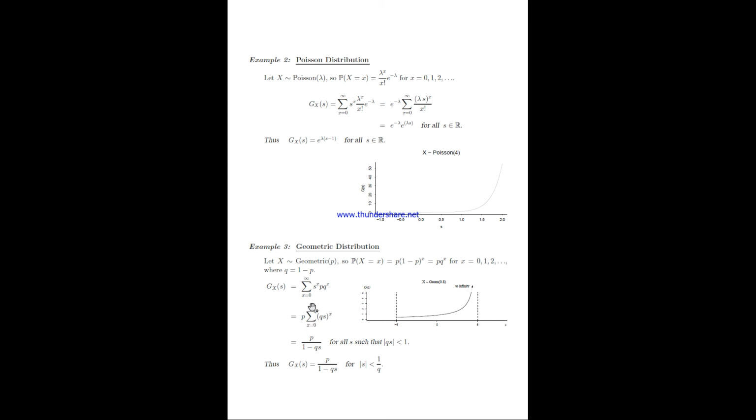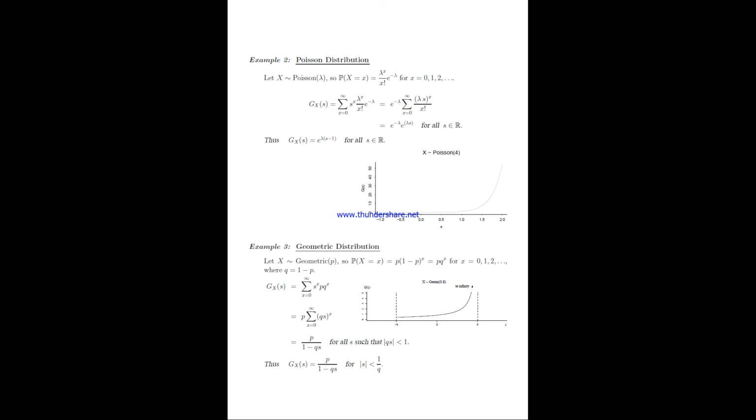If this is like r to power x, the sum is 1 over 1 minus r. So now our r is q s, that is 1 over 1 minus q s, but here we have p. So when it comes to the geometric distribution, the probability generating function is p over 1 minus q s, right?